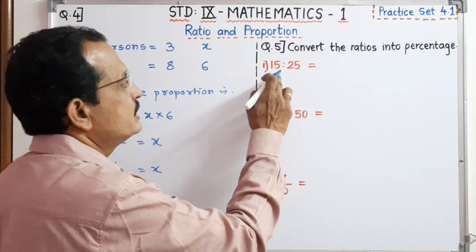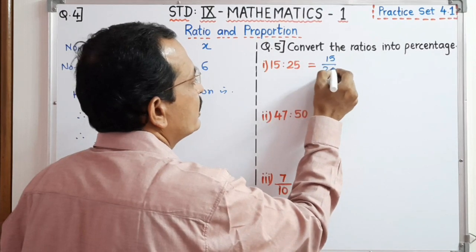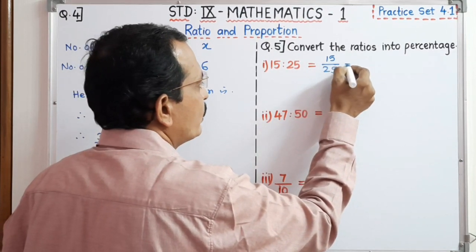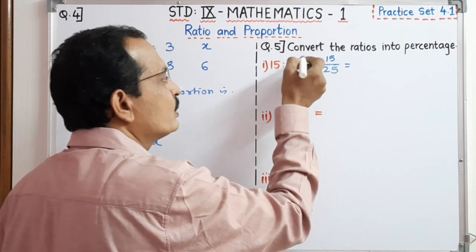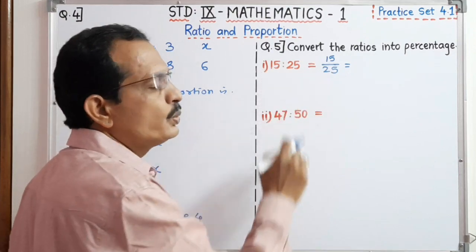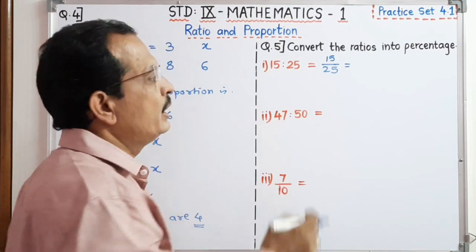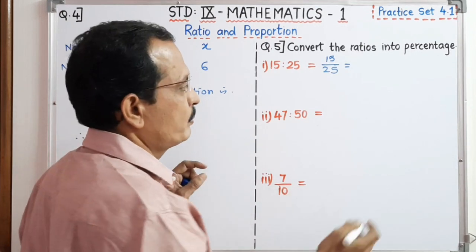That means, see this 15 upon 25, we have to convert into percentage. That means this 25, we have to convert into 100. For conversion of this 25 into 100, we have to multiply 25 with a particular number. Then how to find that number?